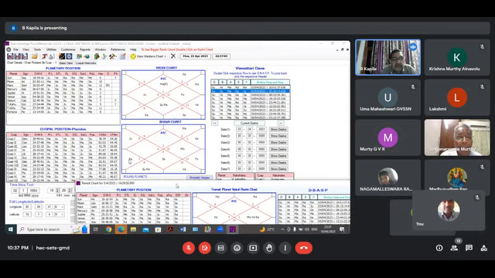And this virtual sub-sublord is represented by two planets, Mars and Mercury. Mars is linked to 4 and 12, so this is not okay. Mercury is fine. So what we can have as the ascendant co-rulers of the child: one is Mercury, second is Rahu, third is Saturn, and the fourth is Venus. Venus is again linked to 4 and 12, so we can omit.